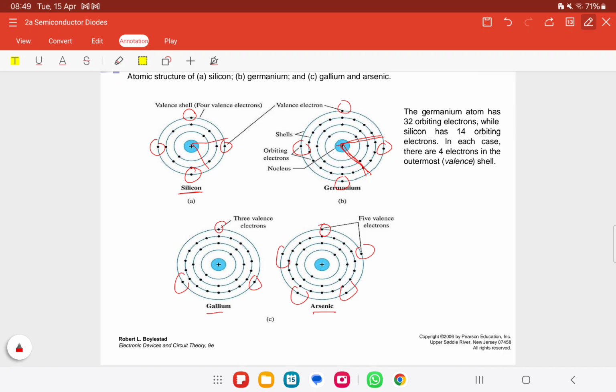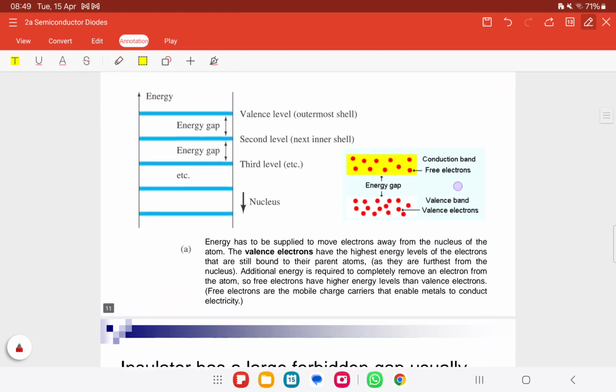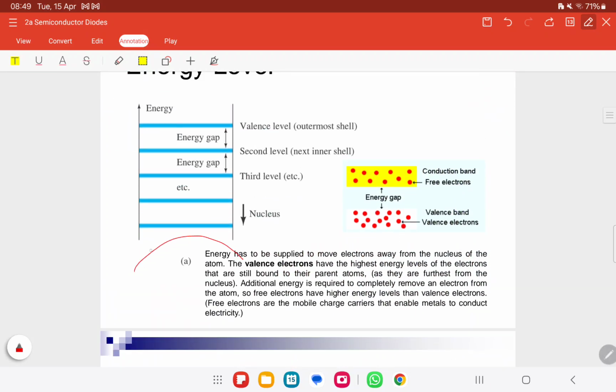Okay. From here it goes closer to the nucleus, and at the very top is where the electrons at the outer shell are. So each layer has one EV, one EC. Okay, so that is how the electrons can jump from one layer to another layer.